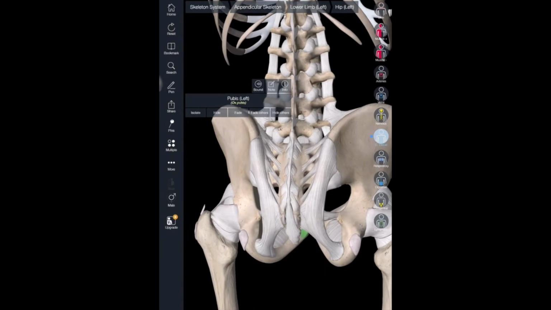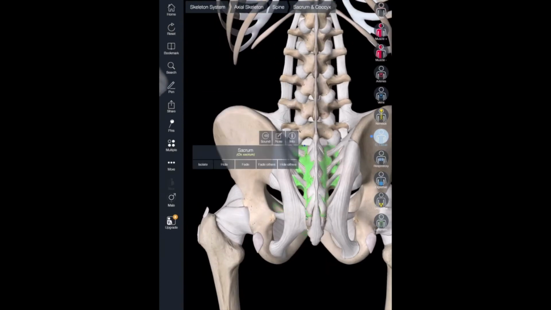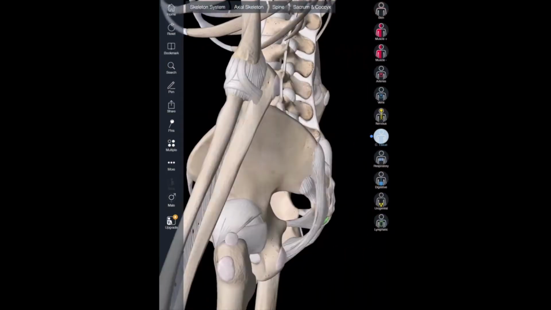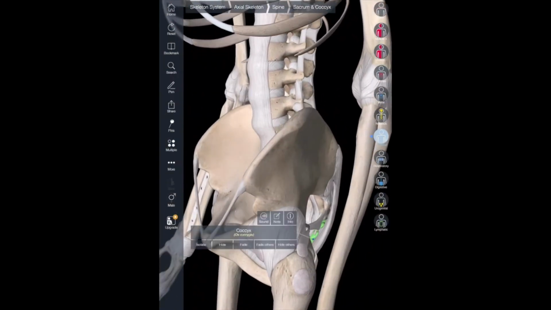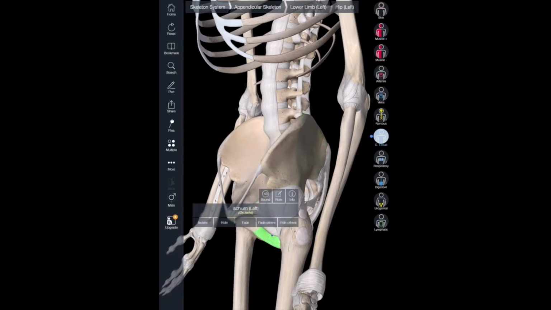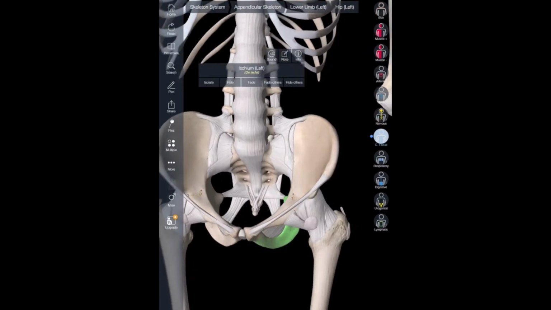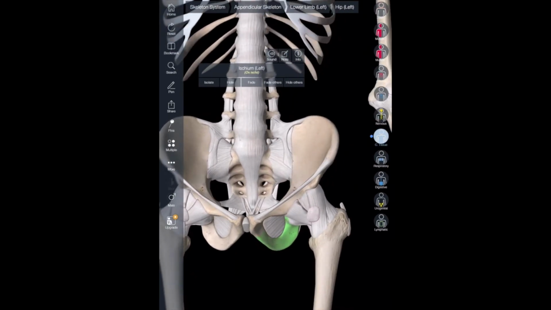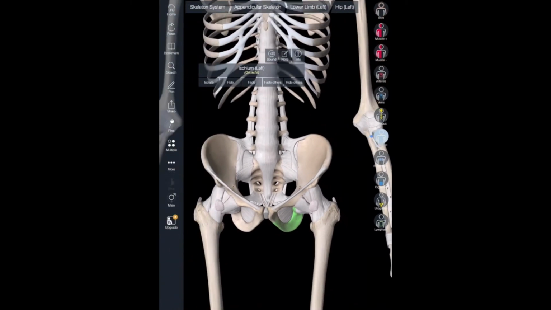If we add the right and left coxal bones together with the sacrum and the coccyx, we get the pelvis. If we're just talking about the coxal bones, then we're talking about the pelvic girdle. Okay? So pelvic girdle plus sacrum and coccyx, that's the pelvis. Just the coxal bones, that's the pelvic girdle.